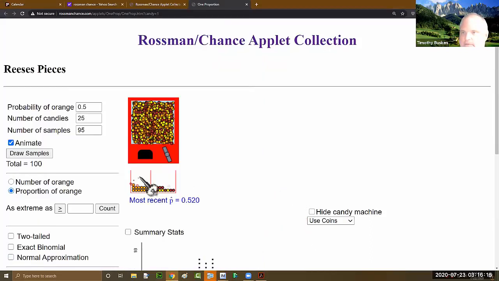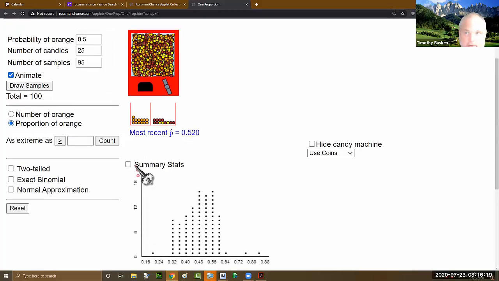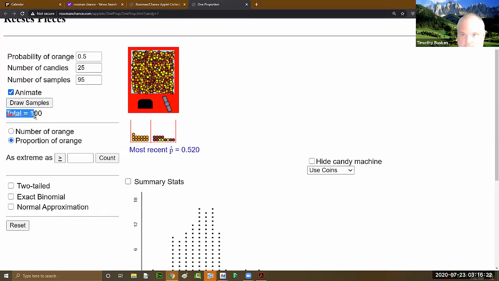Going back over here, look at what the app did for us. We've drawn a total of 100 random samples, all of the same size, N equals 25.